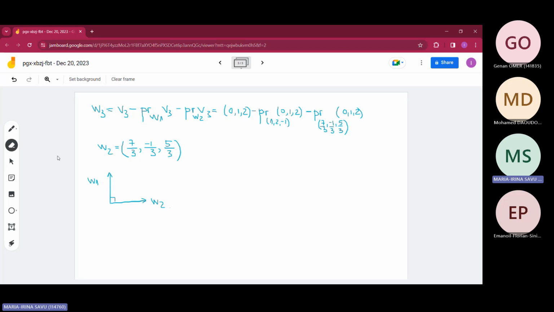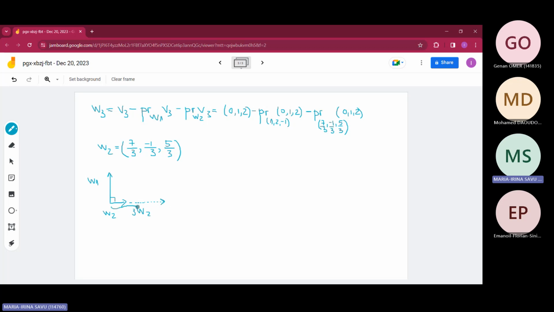So if you divide W2 by something, or if you multiply W2 by something, then you will get a vector which will have the same direction as W2. So let's say that we draw a smaller W2, this is W2, this is 3W2.